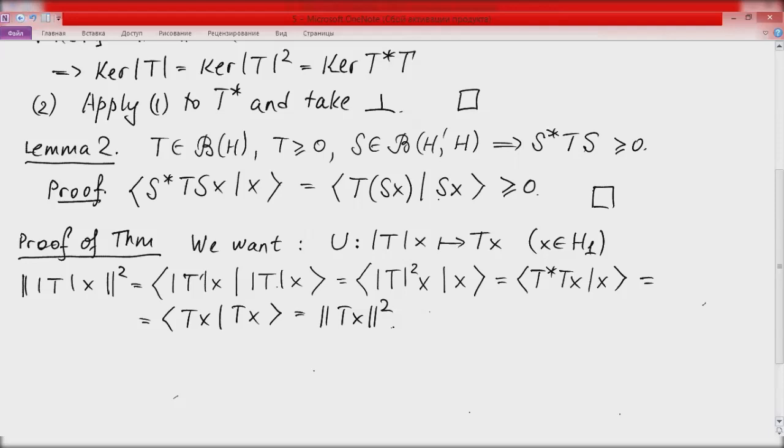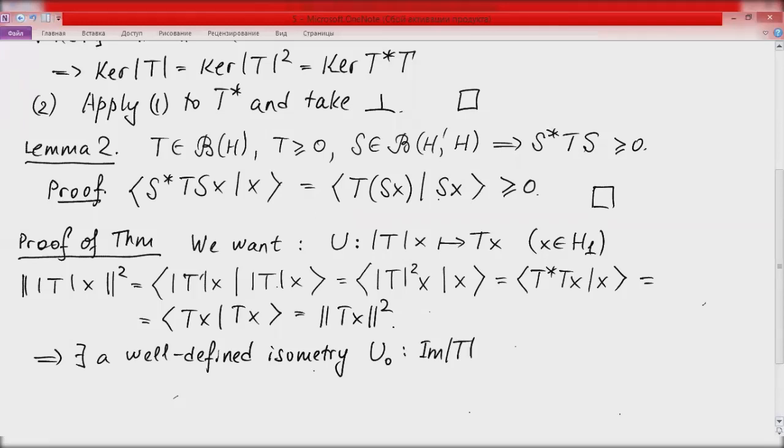So this chain of equalities implies that there exists a well-defined isometry, let's denote it by U0, from the image of the modulus of T to H2, which takes each vector of the form modulus Tx to Tx.